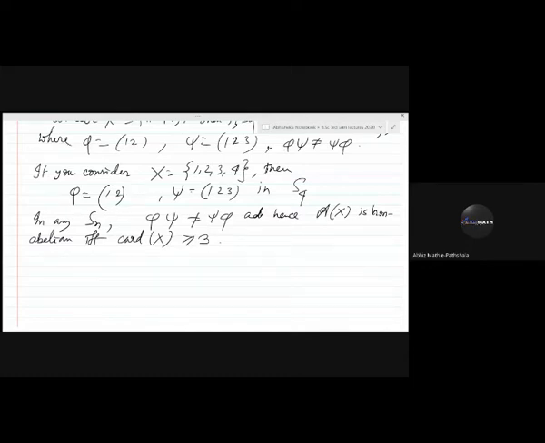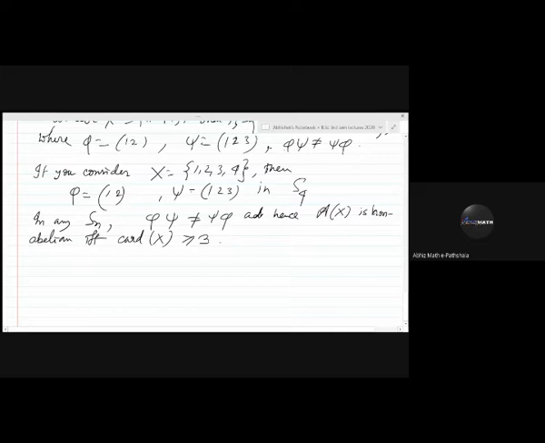Let us have a look. Fine. So there is another example of a non-abelian group, another important example, that one of you has already specified.